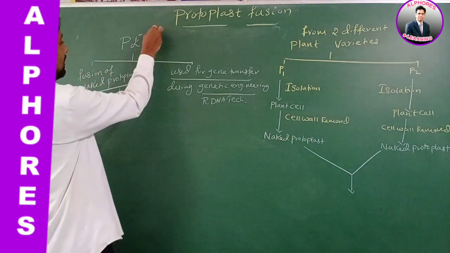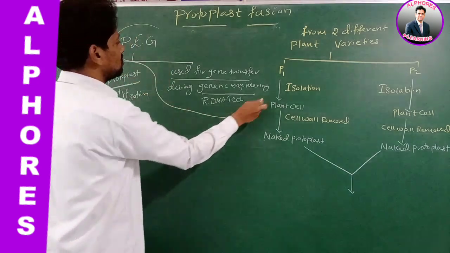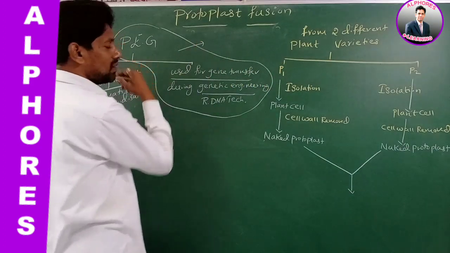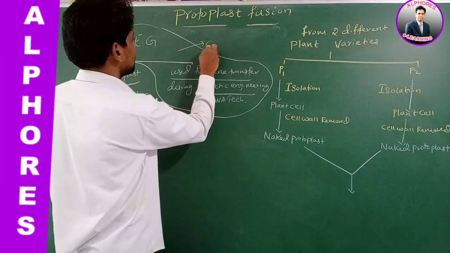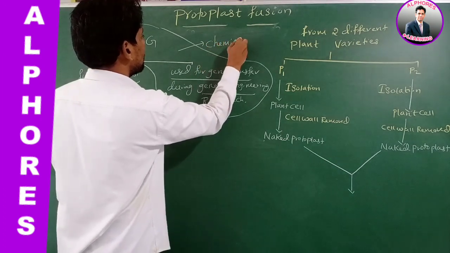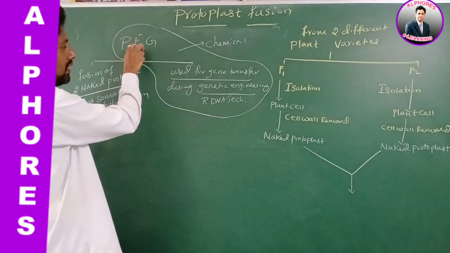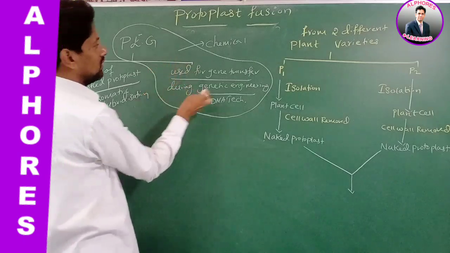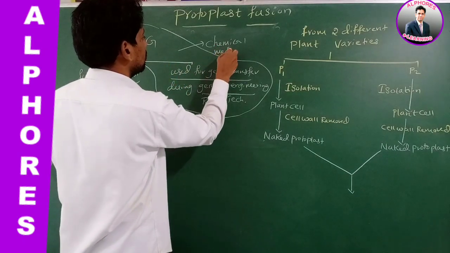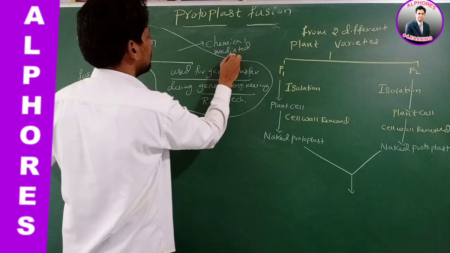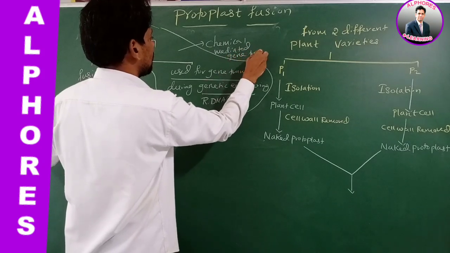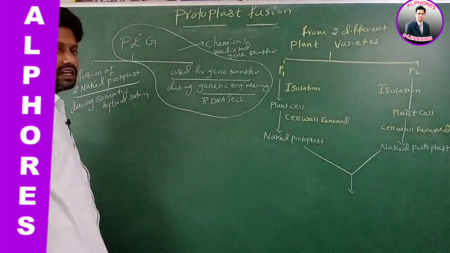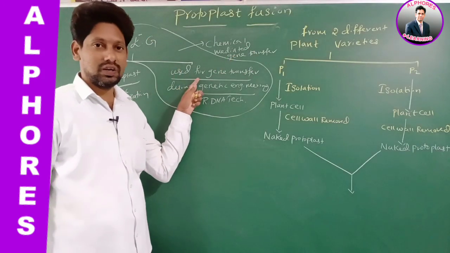Using PEG for transferring genes during genetic engineering, can we call it chemical mediated gene transfer? Yes, because by using a chemical, PEG, gene transfer has taken place. Therefore, using PEG to transfer genes is a chemical mediated gene transfer. Is this statement okay?